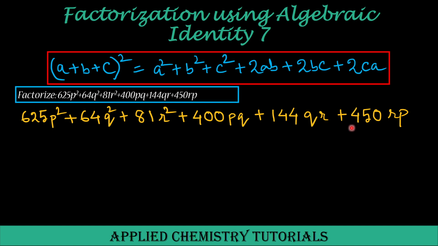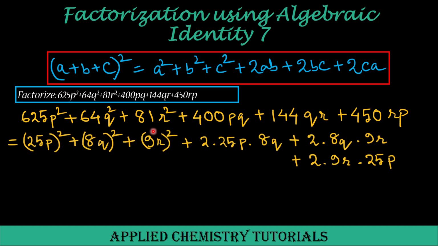So we are rewriting here the problem statement, and we can clearly see that there are some similarities between this expression and this expression given here. Now we can rewrite it as (25p) whole square, which equals 625p square, plus (8q) whole square, which equals 64q square, plus (9r) whole square, which equals 81r square.